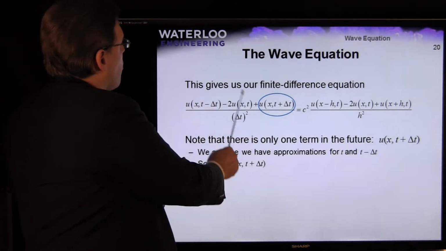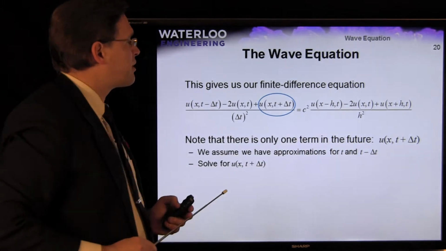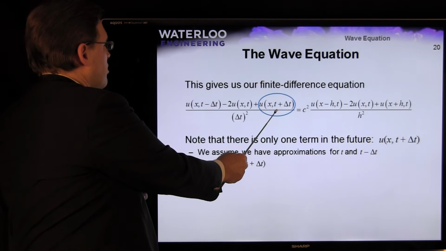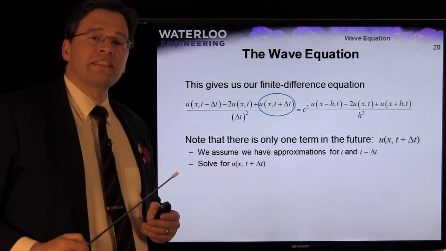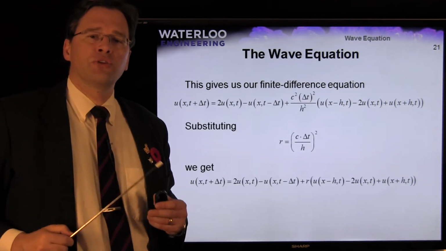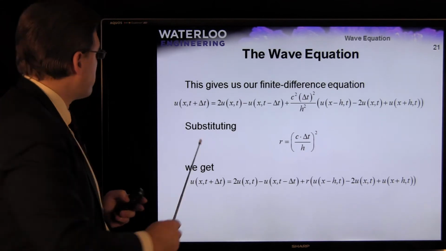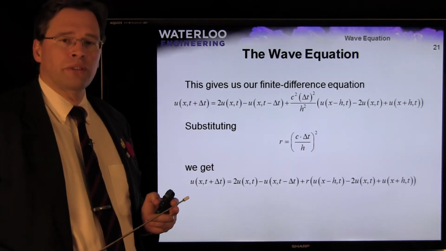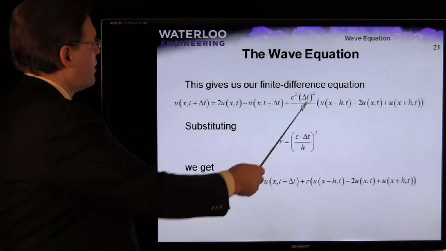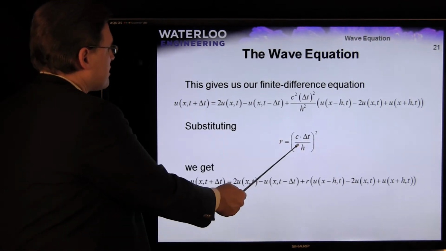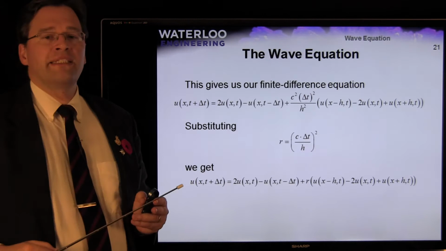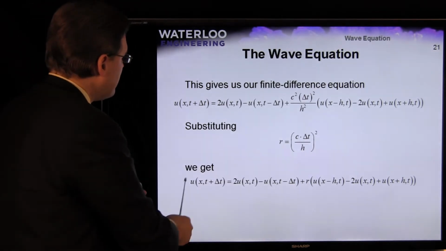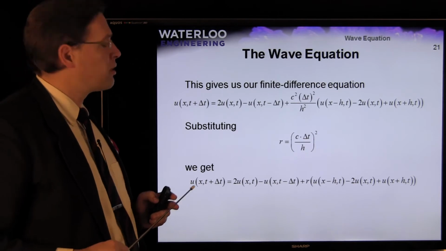If we have all the other current conditions and previous values, then we would like to solve for what the system is going to be like in the future. So here we are solving for that point in the future. We have here a ratio. Let's let the ratio be designated by r, and now we get this easier, or at least cleaner, equation.